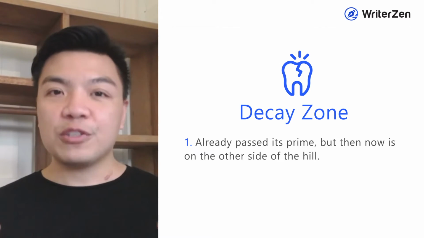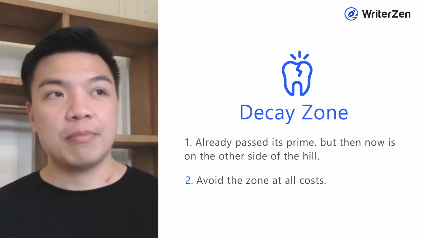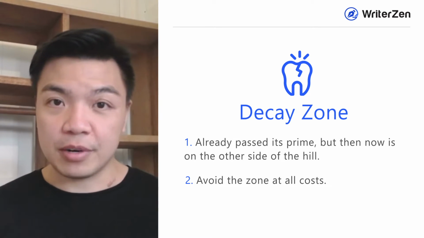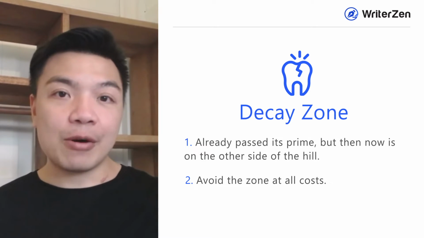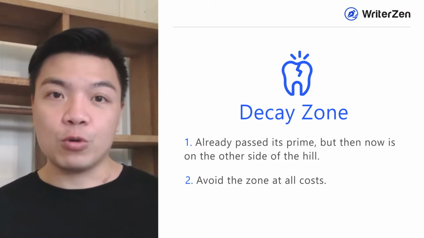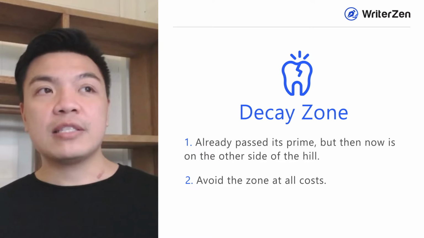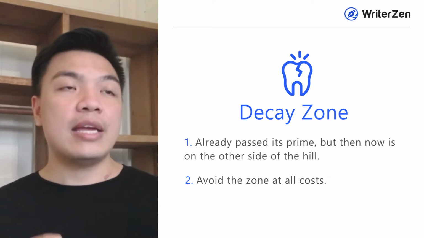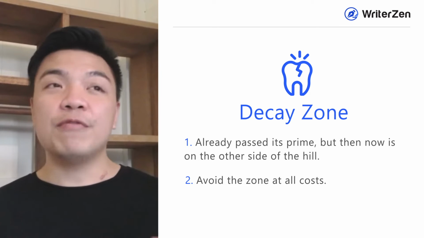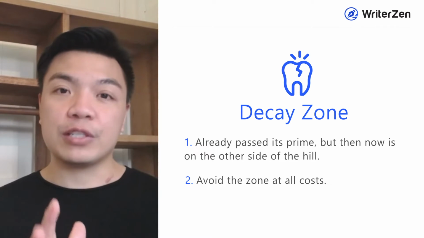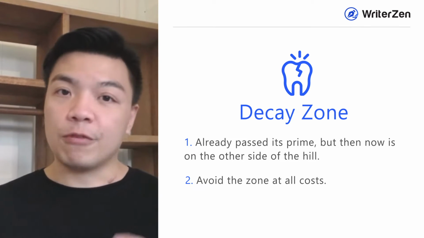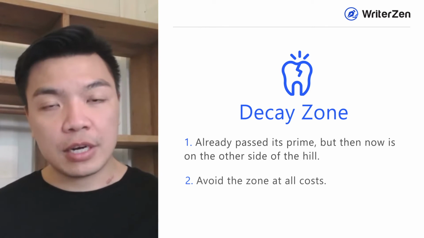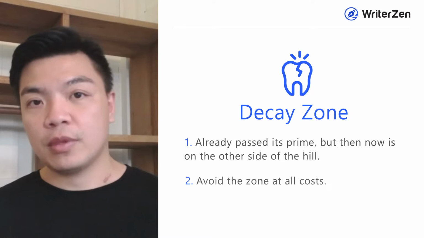So you want to avoid this type of keyword at all costs, because it has very high allintitle data, yet very low search volume. If you target this type of keyword, you have to put in a lot of resources, and even if you rank for it, your return on investment is extremely low. Avoid this zone at all costs. All the keywords that have high allintitle data and low search volume, avoid at all costs.